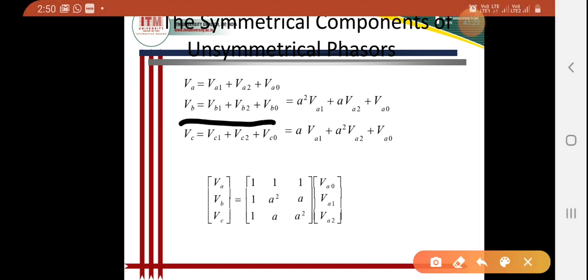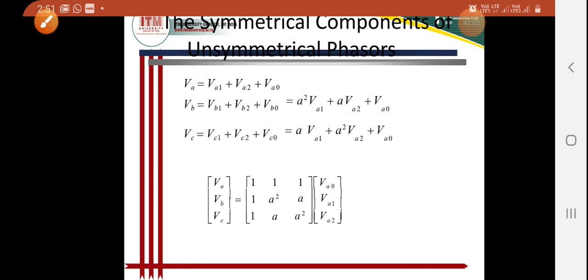Suppose I want to express VB in terms of the symmetrical sequence components of A. Then I can write VB1 plus VB2 plus VB0, where in place of VB1 I can write a squared VA1, in place of VB2 I can write a VA2, and in place of VB0 I can write VA0.